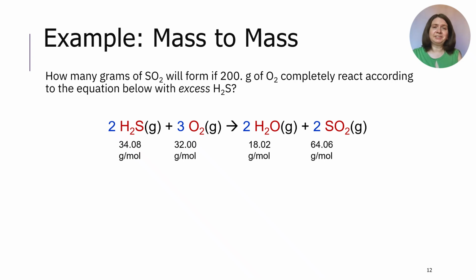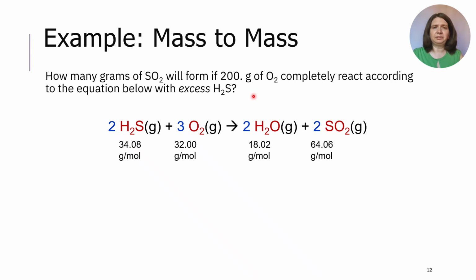How many grams of SO2 will form if 200 grams of O2 completely reacts according to the equation below, assuming excess H2S? The phrase excess H2S tells us that there is more than enough hydrogen sulfide available.